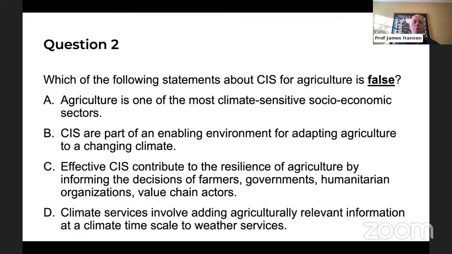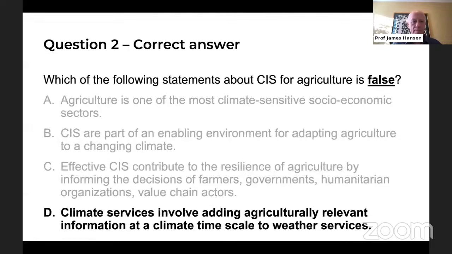Number 2, which of the following statements about climate information services for agriculture is false? The correct answer is D. Climate services involve adding agriculturally relevant information at a climate timescale to weather services.